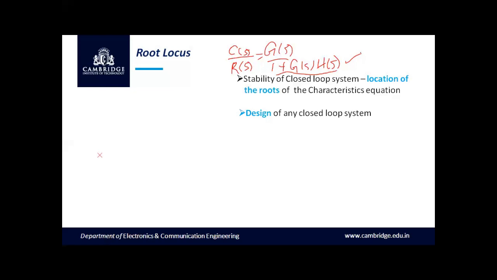Such movement of poles can be known by the root locus method introduced by W.R. Evans in 1948. This is a graphical method in which the movement of poles in the S-plane is sketched when a particular parameter of the system is varied from 0 to infinity.